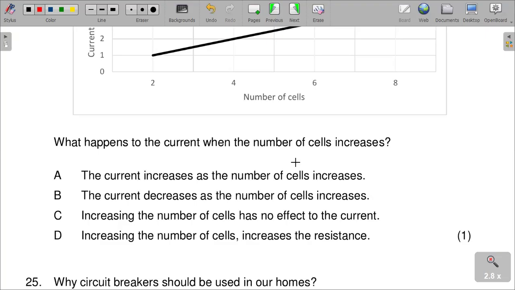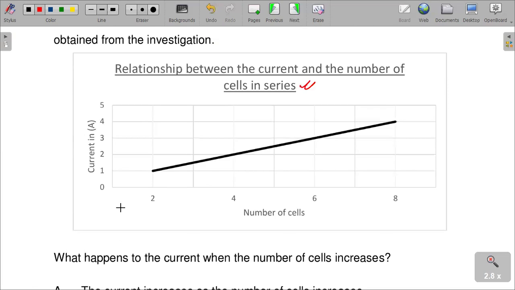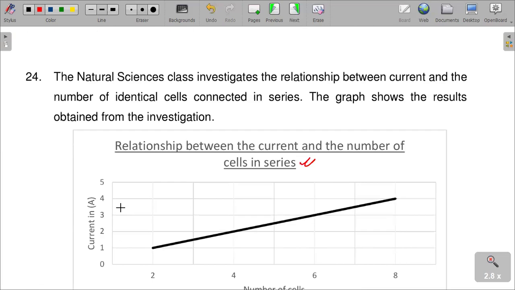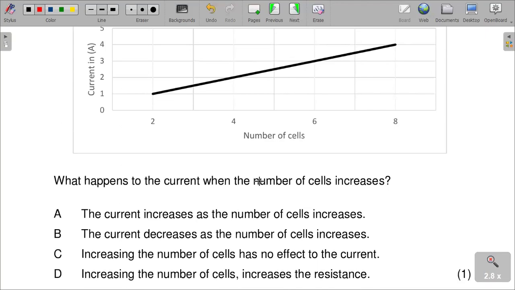The current increases as the number of cells increases, because here we are talking about the supply of power, with identical cells connected in series. So what happens to the current when the number of cells increases?